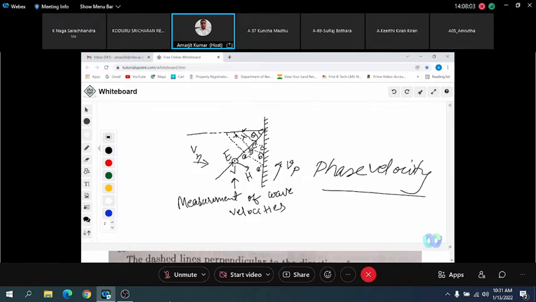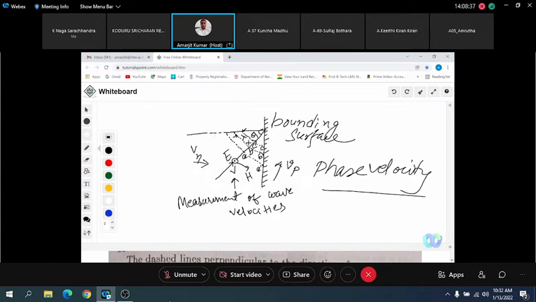We have to understand what is phase velocity. Here we are seeing three points A, B, C, and the same points are projected on the bounding surface. At the boundary surface, the points corresponding to A, B, C are A dash, B dash, C dash. If you are sitting here, you will measure the velocity parallel to the bounding surface, Vp. Vn is normal, Vp is parallel.